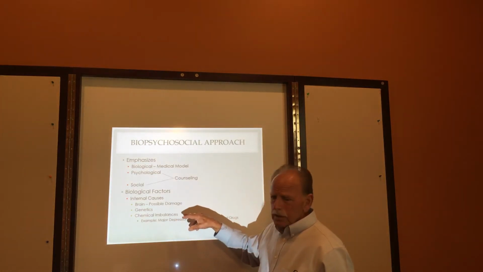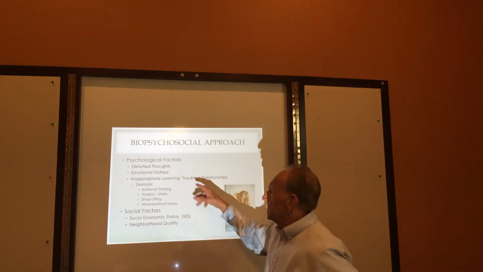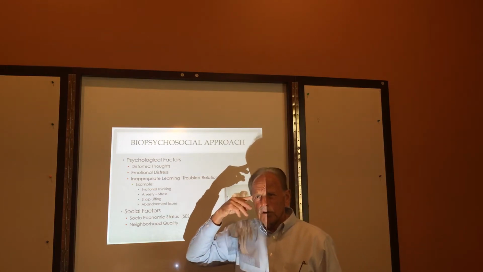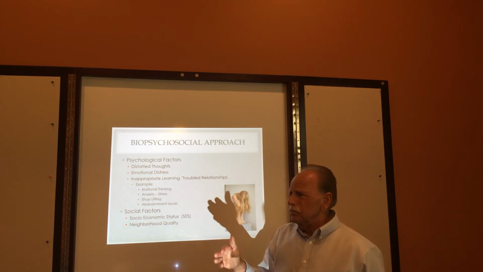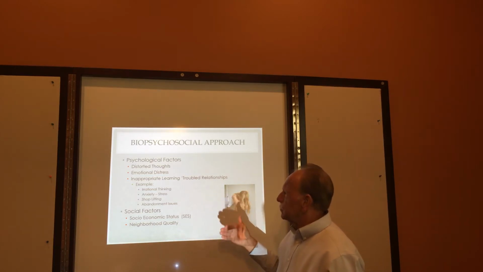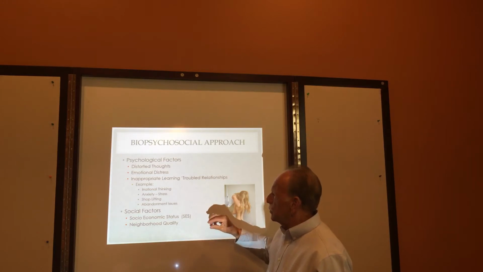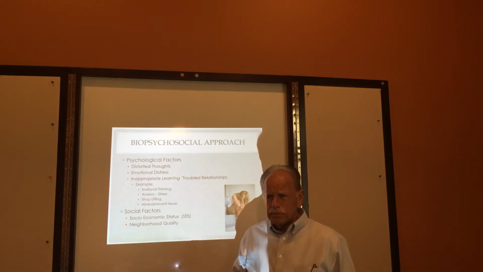And so in the psychological, we're talking about, remember, cognition. So we're talking about distorted thinking, where they justify behaviors that are maladaptive, they make excuses and so on, they transfer blame onto others and that sort of thing. Could be dealing with emotional distress.